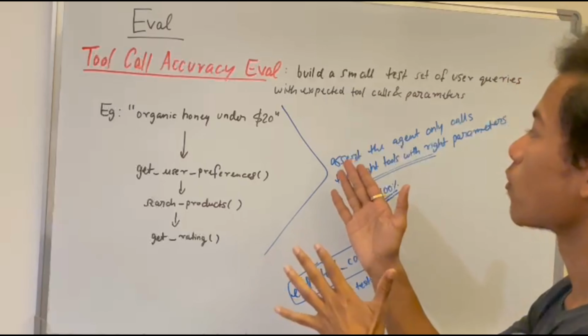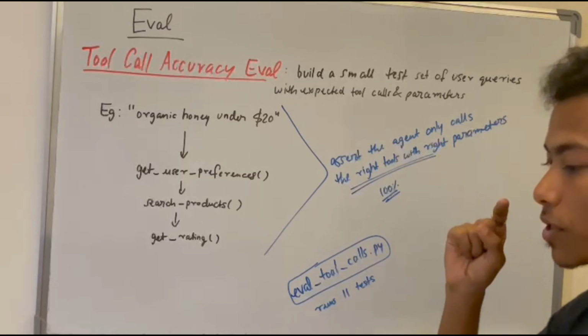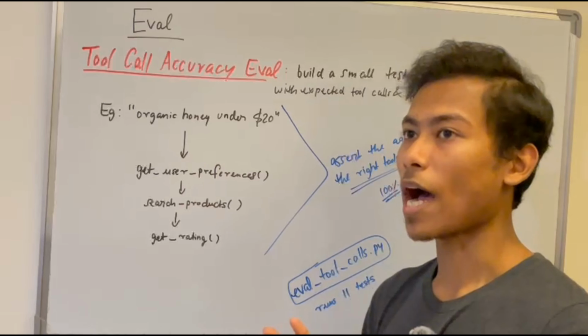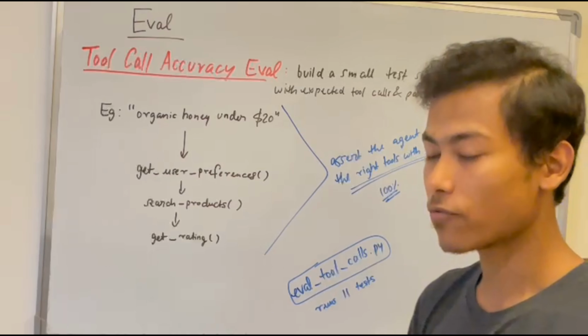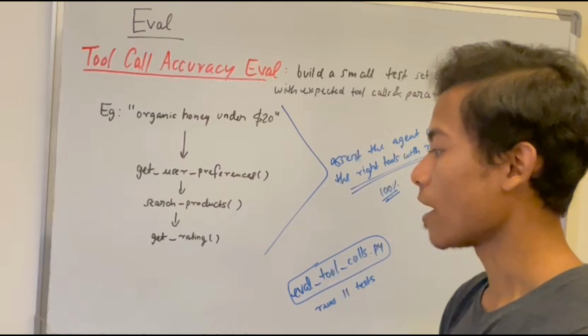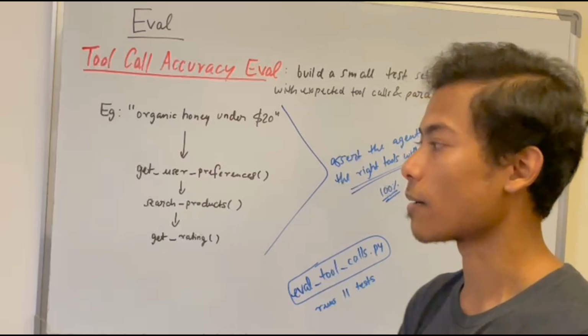So the goal is to assert that my AI agent only calls the right tools with the right parameters. I need a Python file where I would be testing different scenarios. I have accumulated 5 test cases and they have passed. I will show you on the laptop in a while.